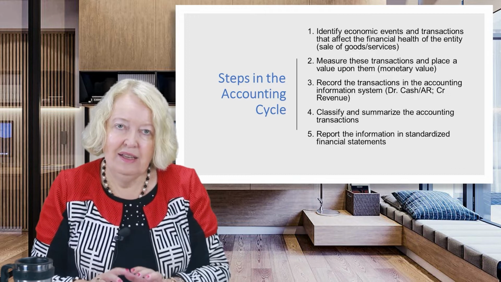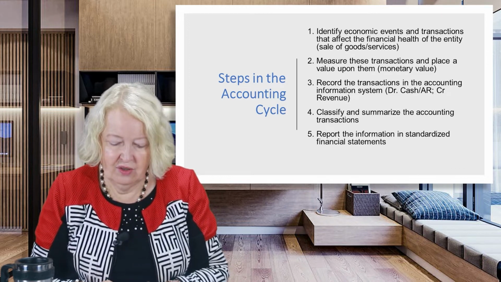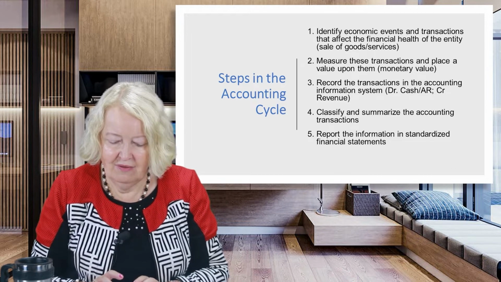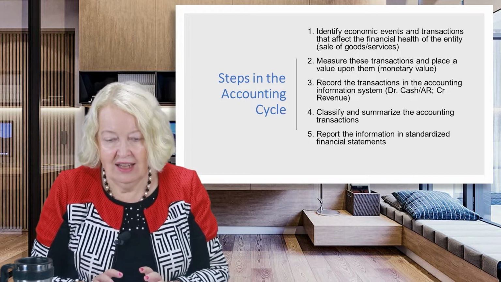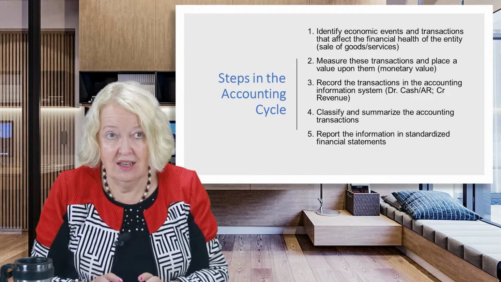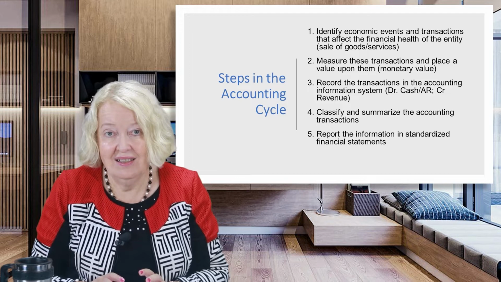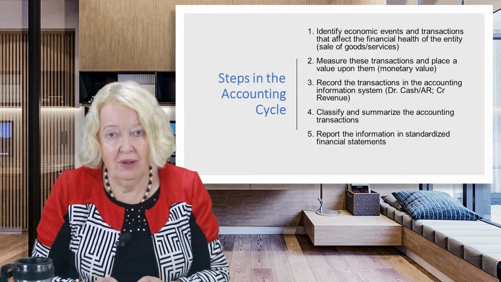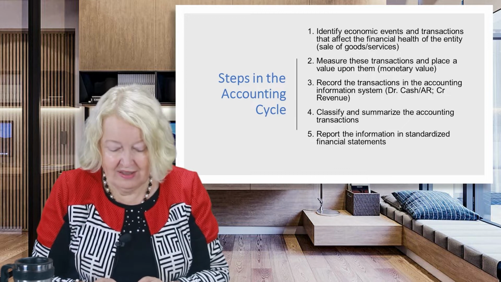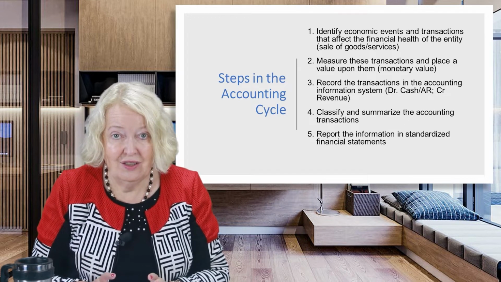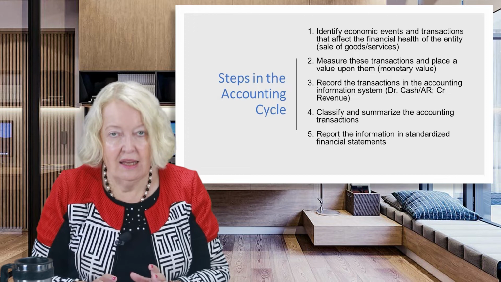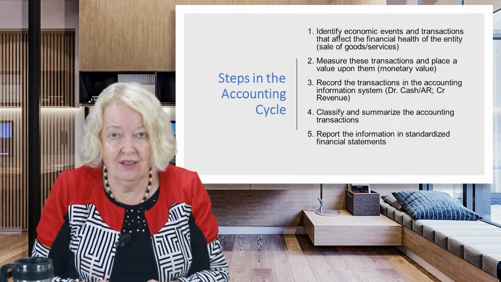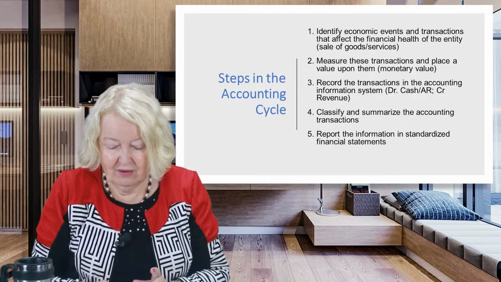So the basic steps in the accounting cycle. It starts off with an economic event and a transaction that impacts the financial health of the entity. So you could be making a sale of goods or services, and then you have to put a monetary value on this transaction. Then you record it. So in the case of a sale, if it's for cash, you would debit cash, or if it's on account, it would be accounts receivable, and the credit would be to revenue.